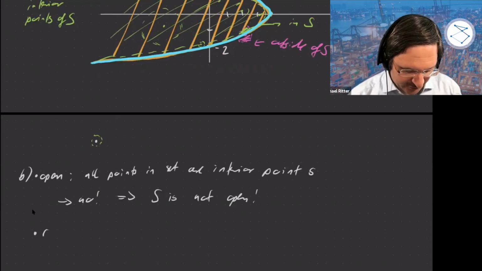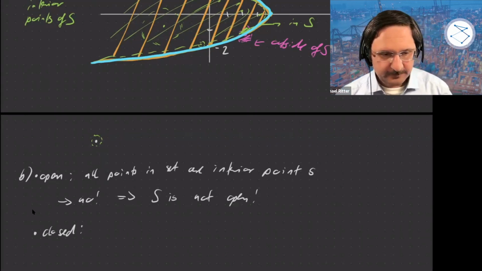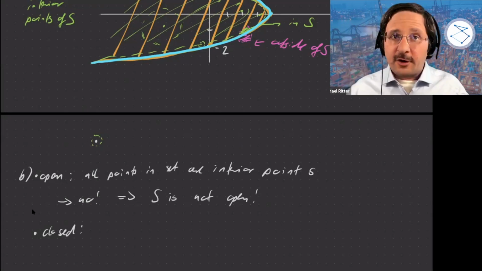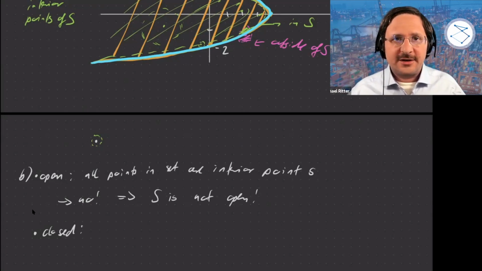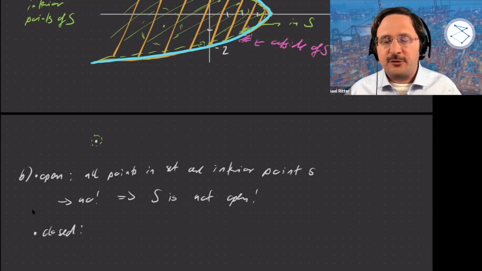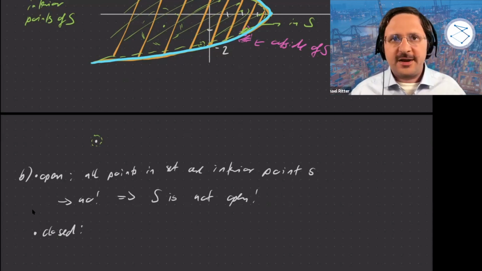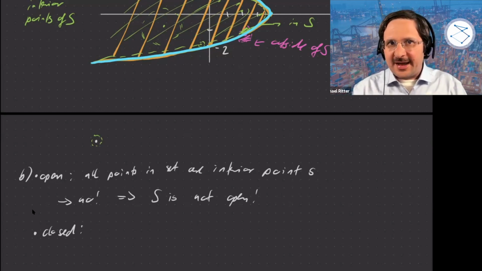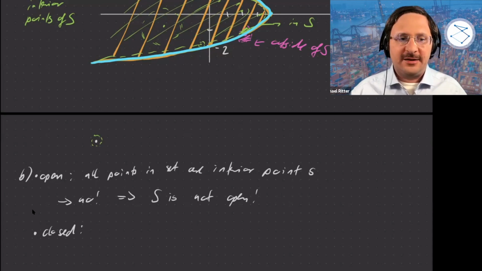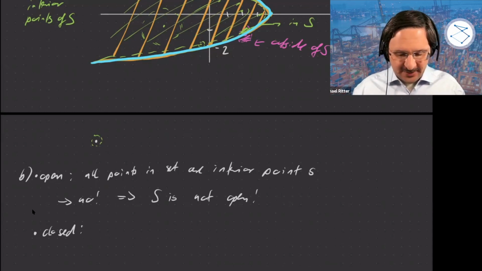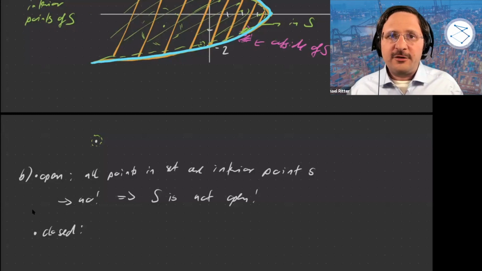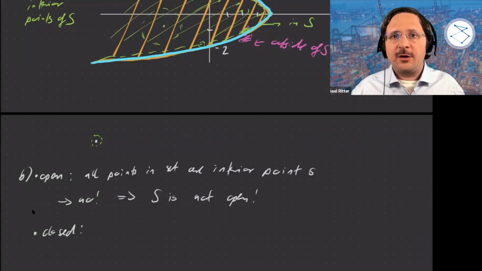What about closed? For closed sets, the definition was the inverse is open. So if we take R to the n, or 2 in this case, and subtract the original set, take that out, then the remaining set needs to be open. And the original set was closed, so open and closed. In that way, they're inverses to each other. Or we could also say for a closed set, we want it to contain all of its boundary points.